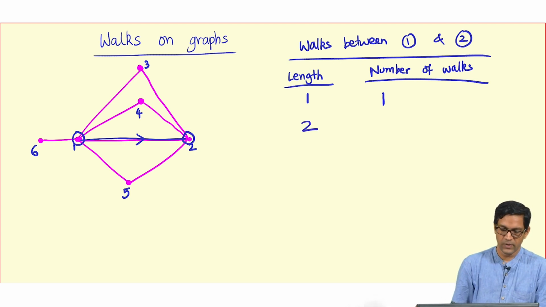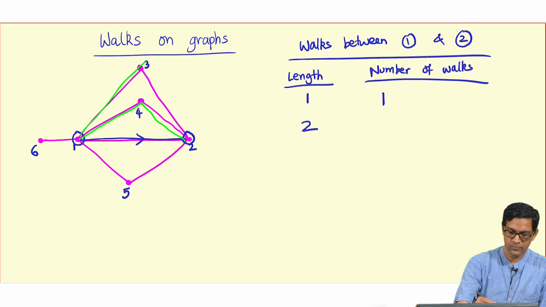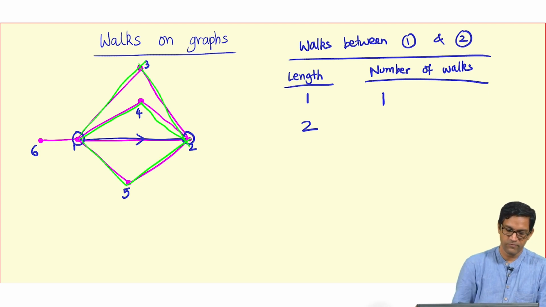Now, if we look at length 2, then there are lots more possibilities. So, we could go from 1 to 2 in 2 hops by, for example, traveling through 4 or 3 or 5. So, here are 3 possibilities and those are the only ones of going in 2 steps.